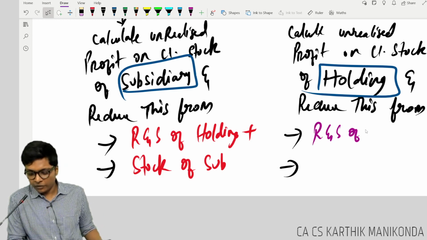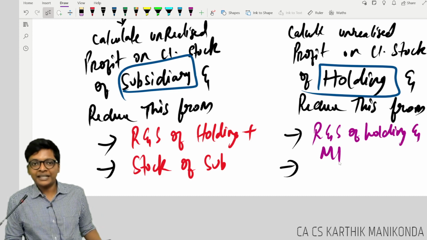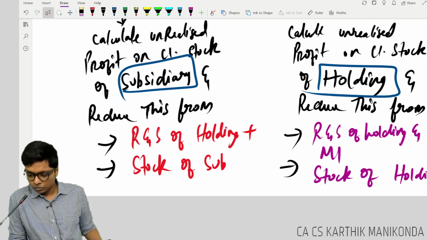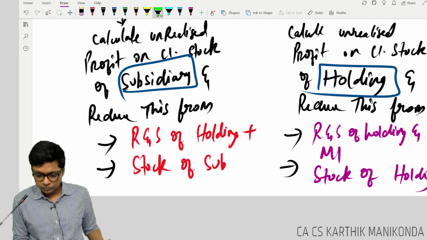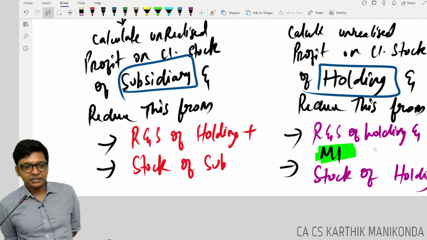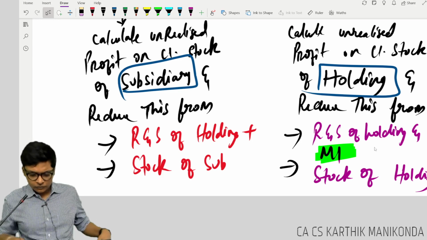Reserves and surplus of holding and minority interest. Similarly, stock of holding. This is new. This minority interest is new. Are you getting the logic, guys? Reduce from reserves and surplus of holding and minority interest and stock of holding.